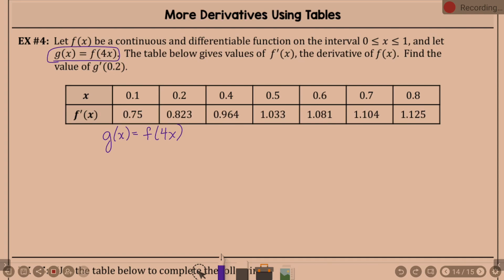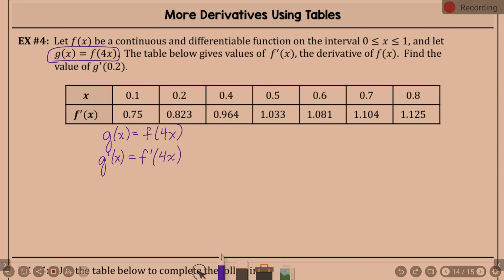Okay, so g prime of x is taking the derivative. On this right-hand side, what are we thinking there? If we take the derivative of that right side, it's going to be what? f prime of, not 4, 4x.